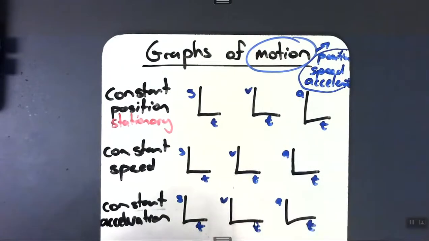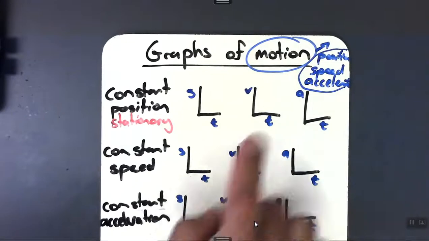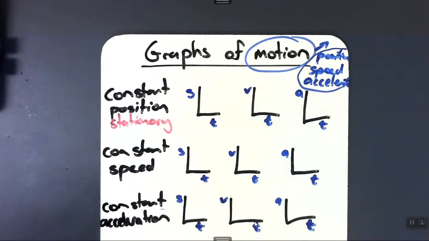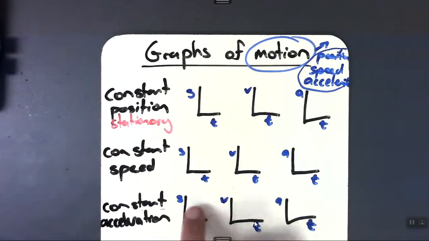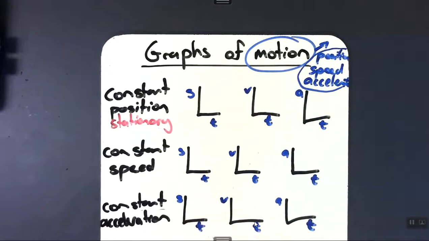These three graphs focus on aspects of the motion when I'm traveling at constant speed, and these three graphs focus on different aspects of motion when I'm accelerating. So let's use a simulation to clarify what we are saying.